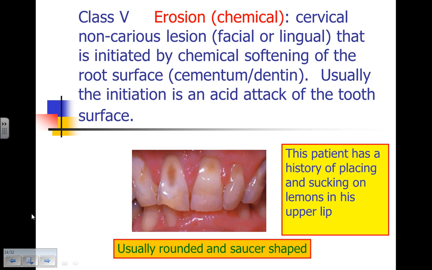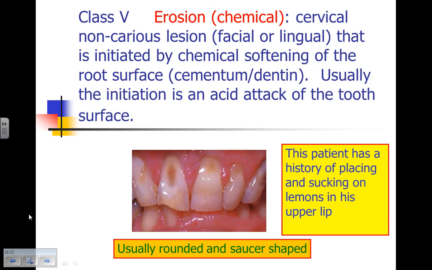The Class 5 chemical erosive lesion is a cervical non-carious lesion, typically seen on the facial but can be seen on the lingual, and it's initiated by chemical softening of the root surfaces, the cementum and dentin. And it's in combination with the presence of gingival recession, so the root surfaces are exposed.